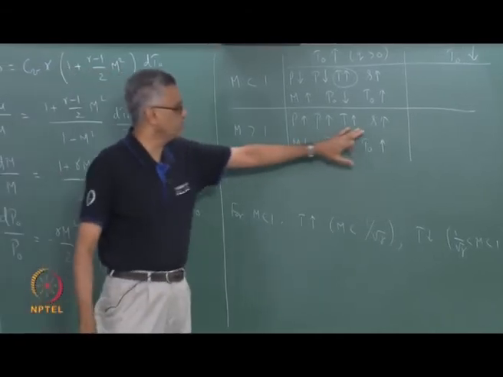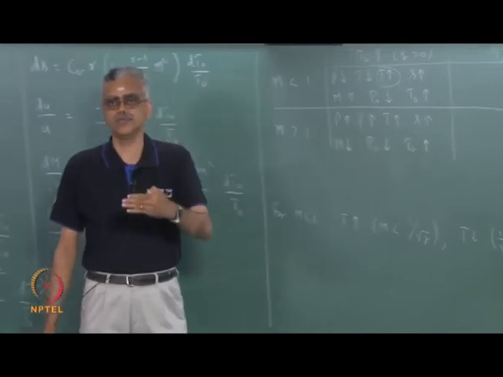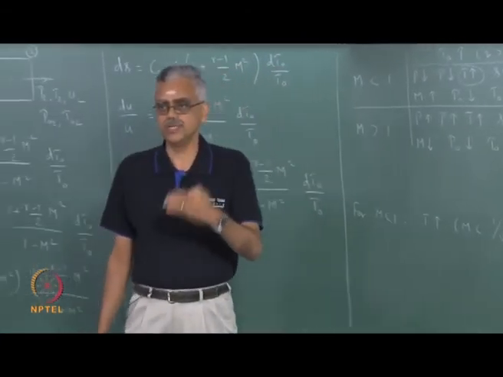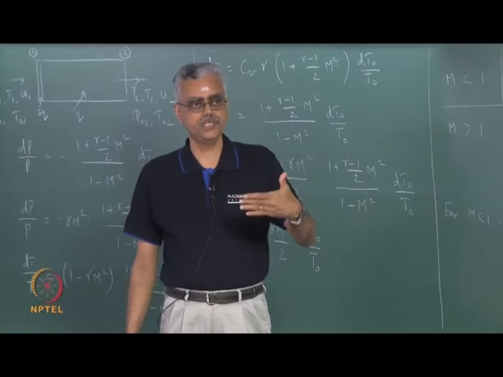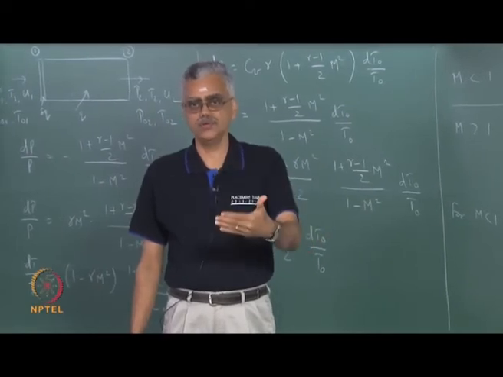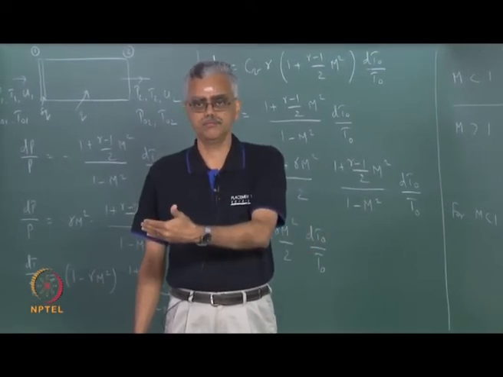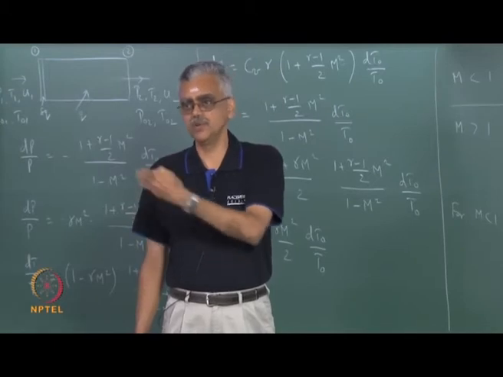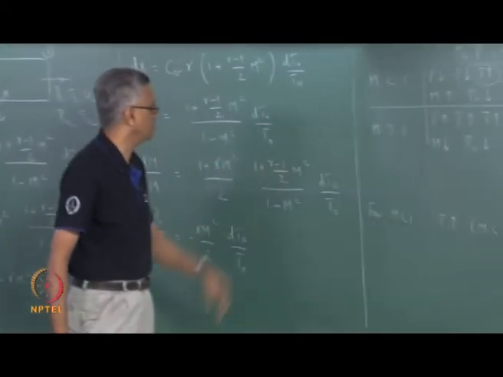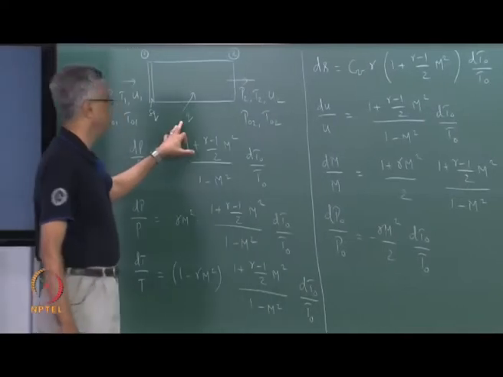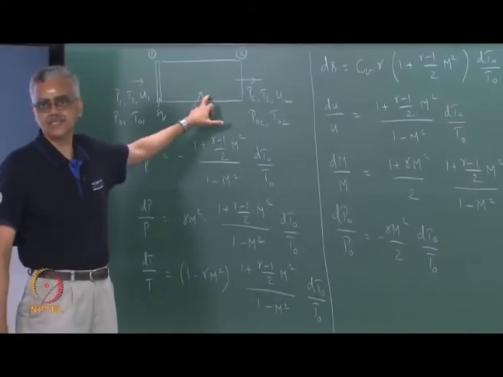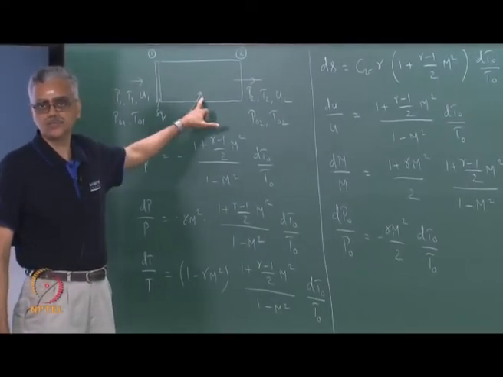The increase in entropy here, you must remember, is not due to entropy generation. Remember we said that entropy change is due to entropy transfer plus entropy generation. Here there are no irreversibilities, so there is no entropy generation. So, the increase in entropy is solely due to transfer of entropy, because we are transferring heat, we are also transferring entropy to the system.